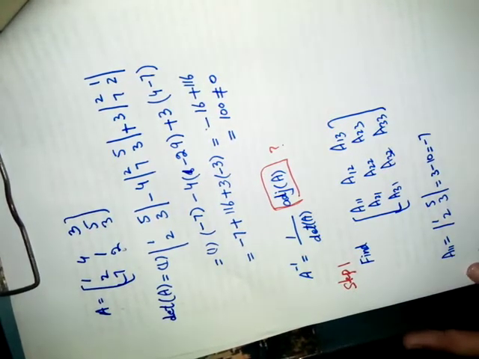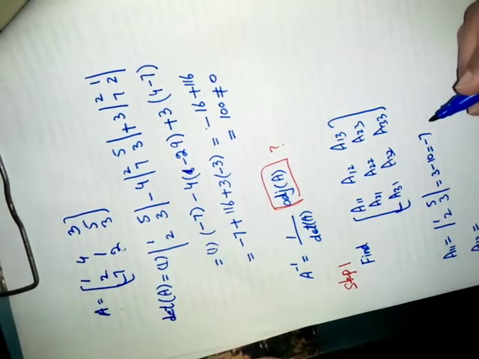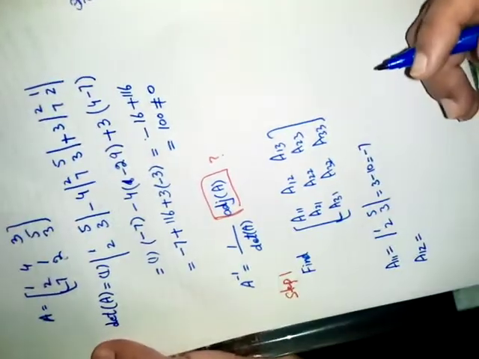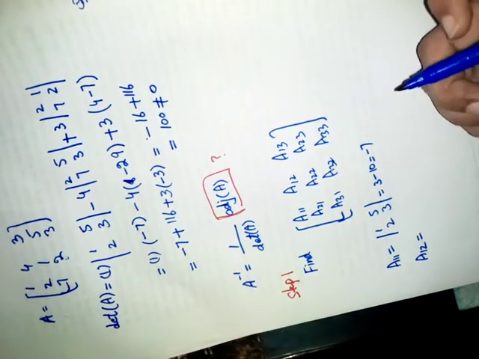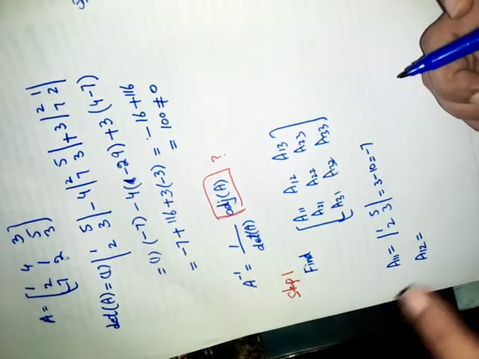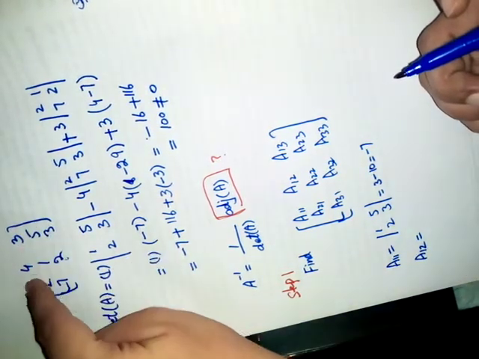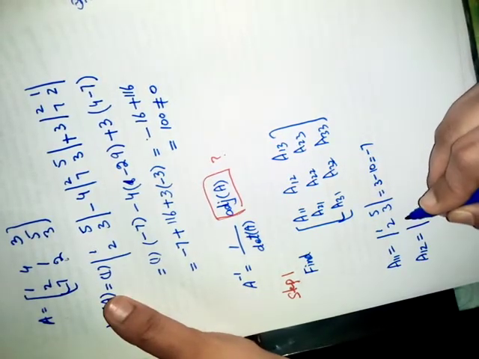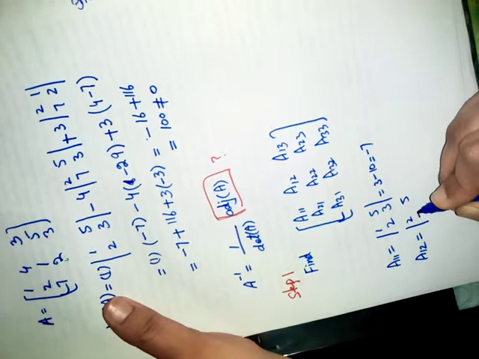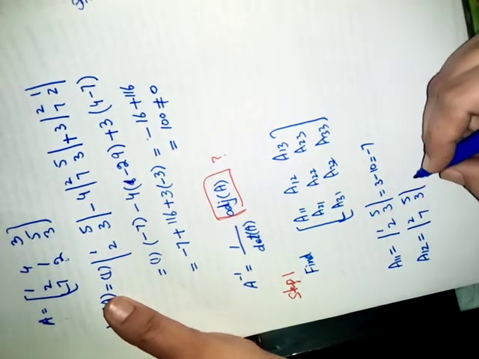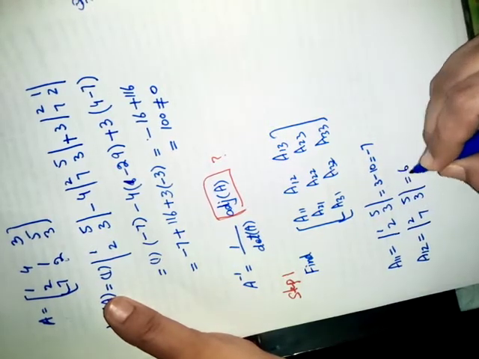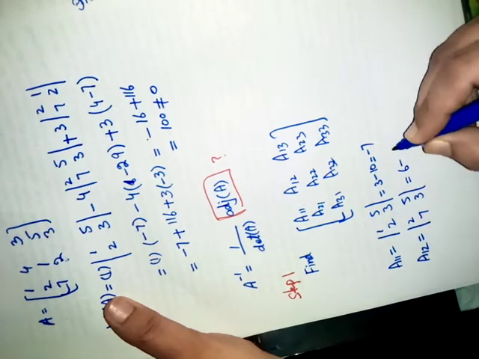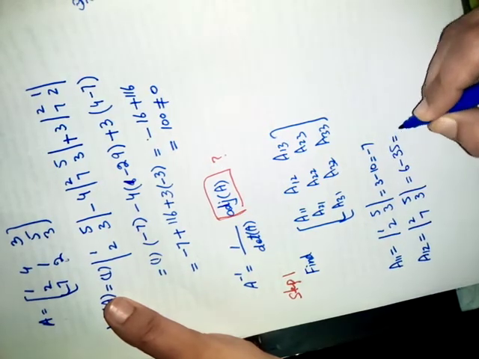A12 means leave the first row and second column. It will be 2, 5, 7, 3. 3 to the 6 minus 35, it is minus 29.